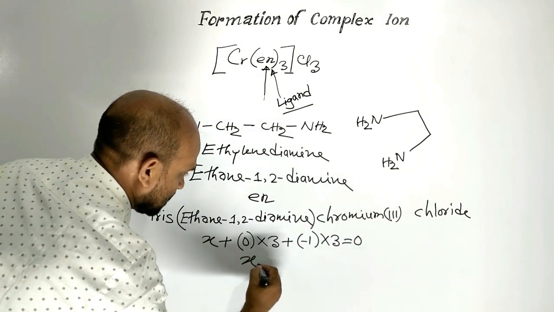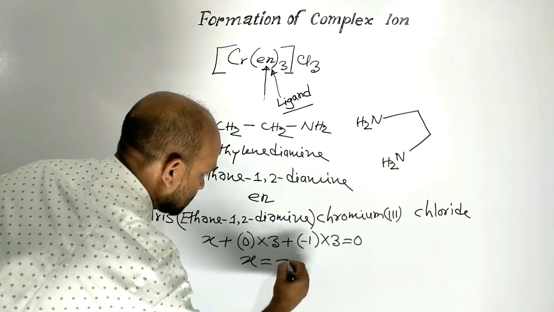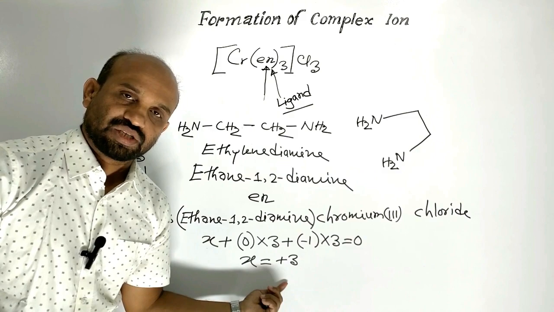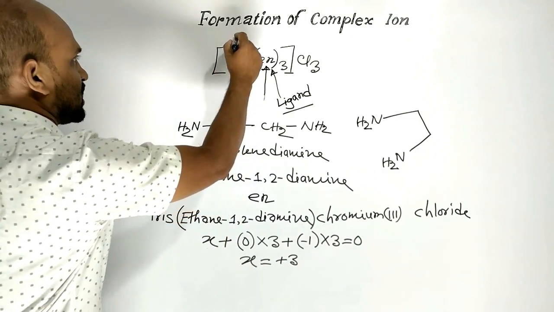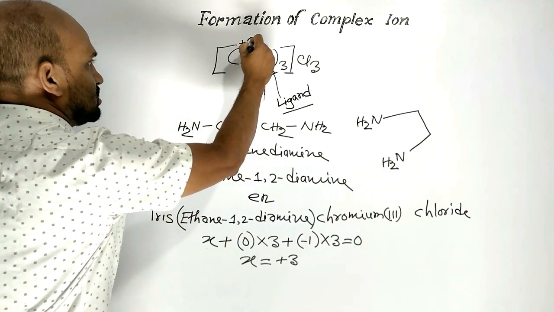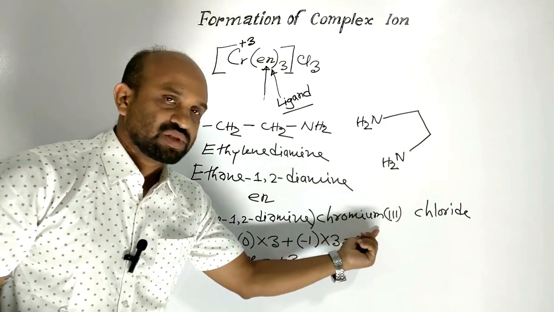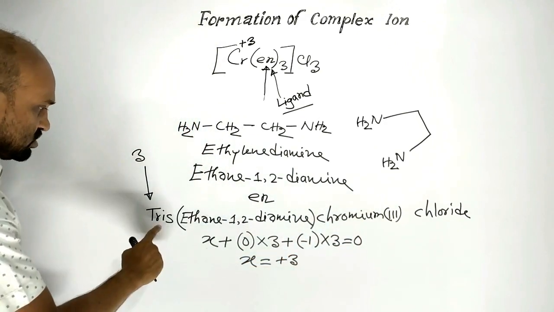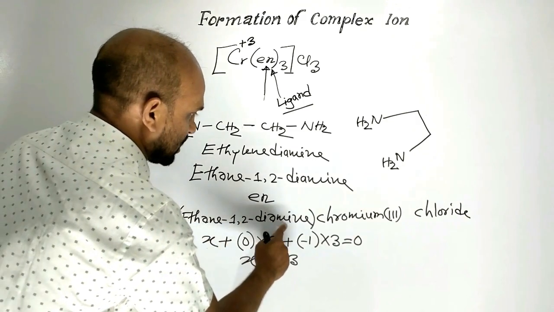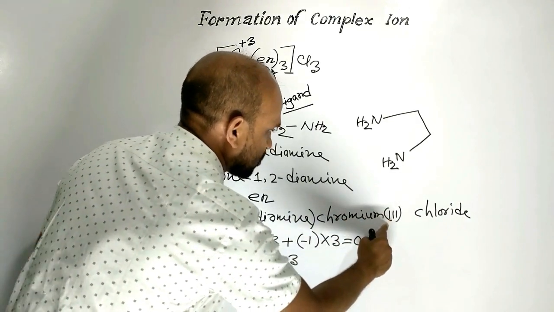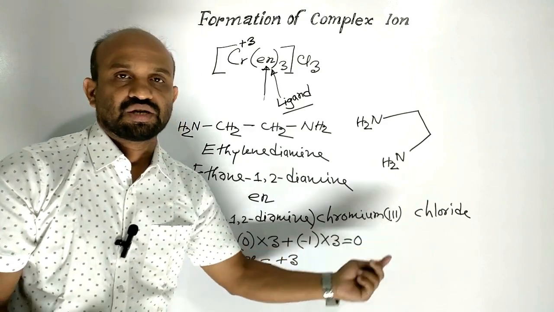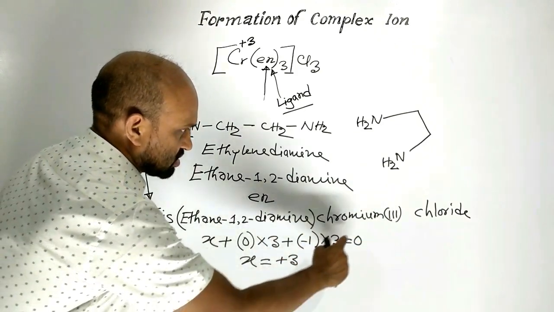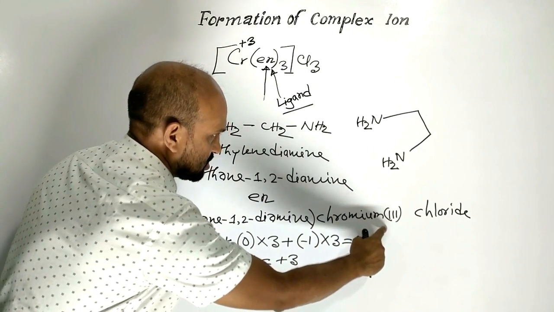Then X is equal to +3. Here the oxidation number of chromium is +3. That is why chromium 3 is written. That means tris ethane 1,2-diamine chromium 3 chloride. The oxidation number of chromium is +3. That is why this 3.